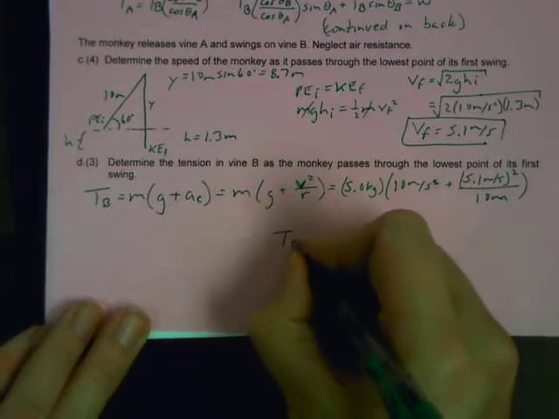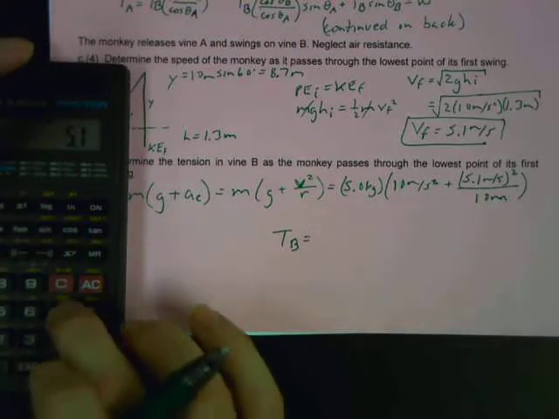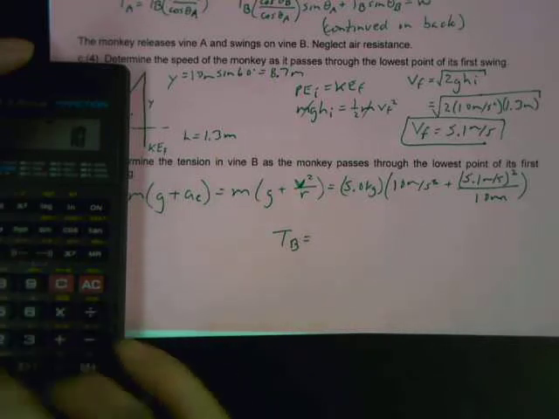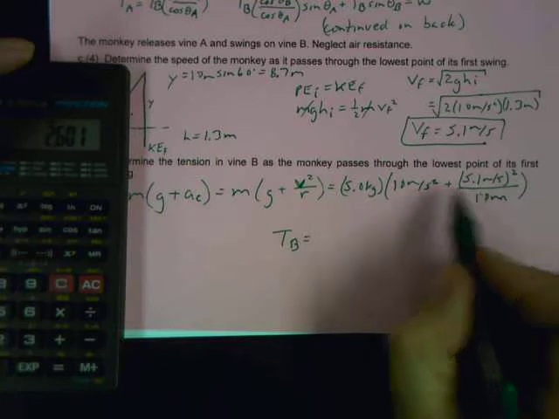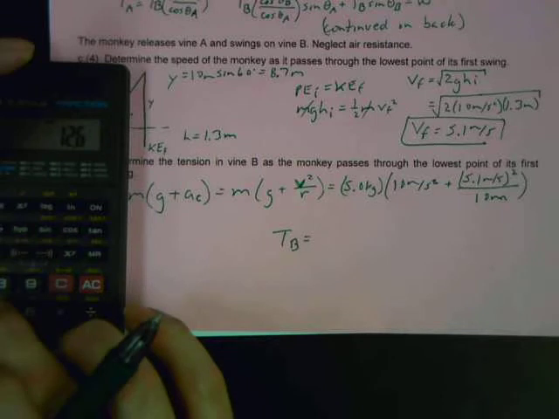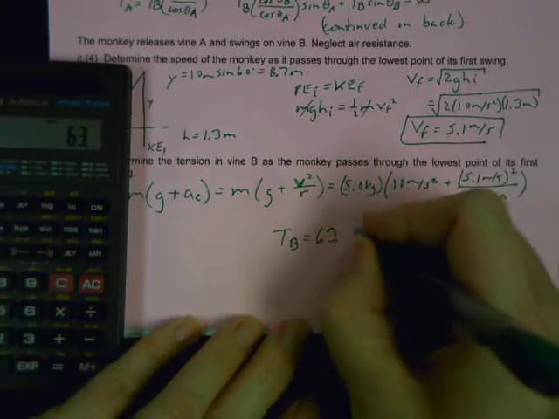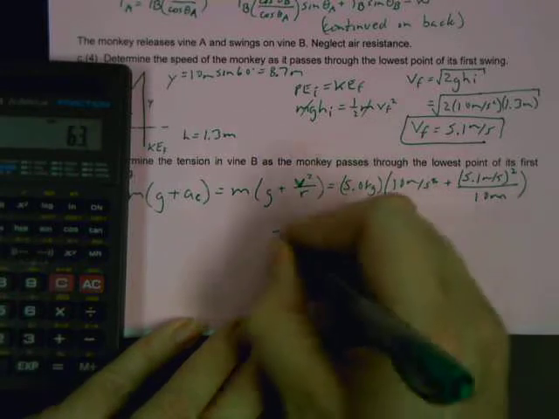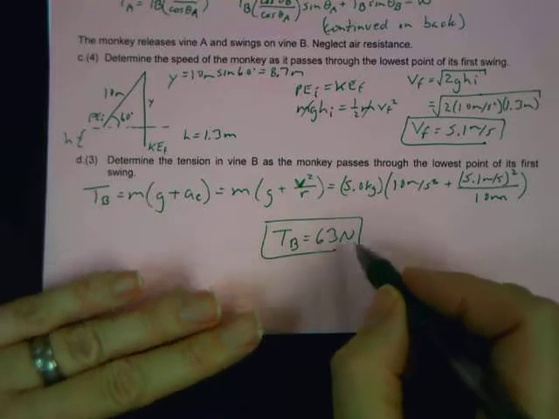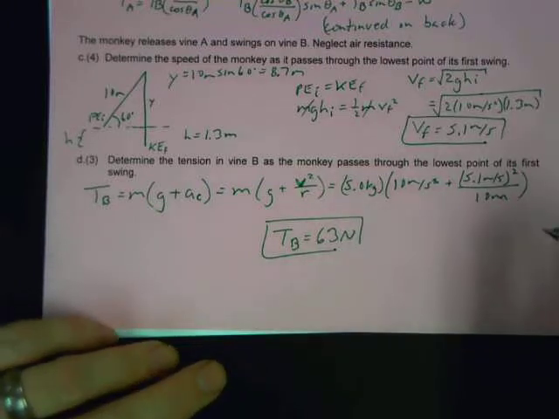So my tension in the vine, 5.1 squared is 26.01 divided by 10. We get 2.6. 2.6 plus 10, so we got 12.6 times 5, and we end up with a tension of 63 newtons, and I believe that it should definitely have more tension at the bottom of a swing than when it was holding up part of the weight.